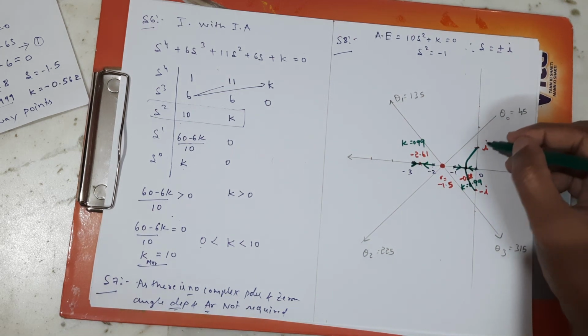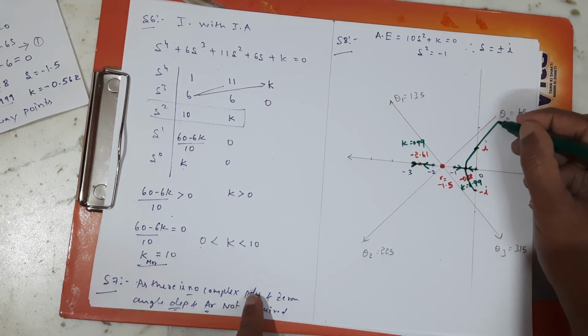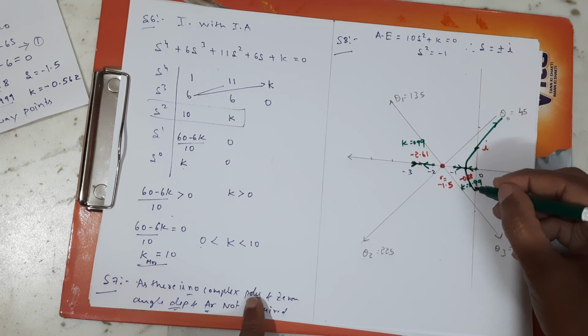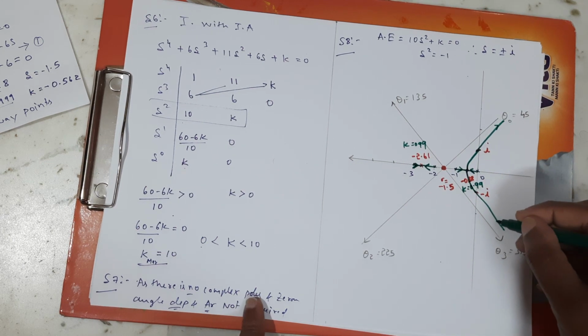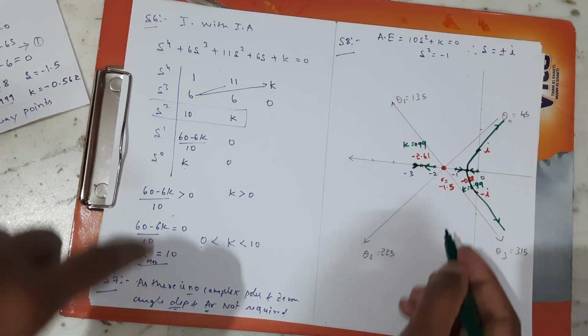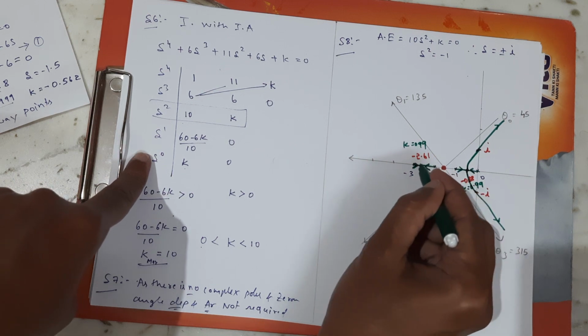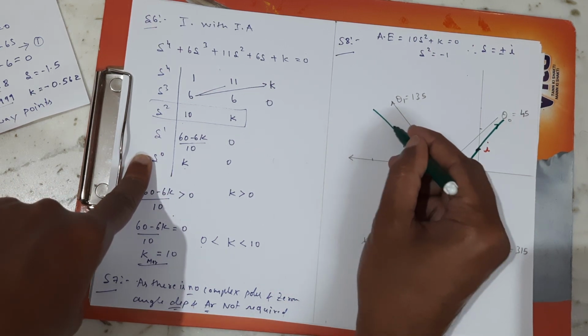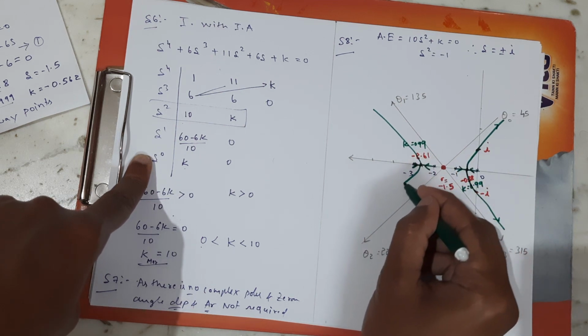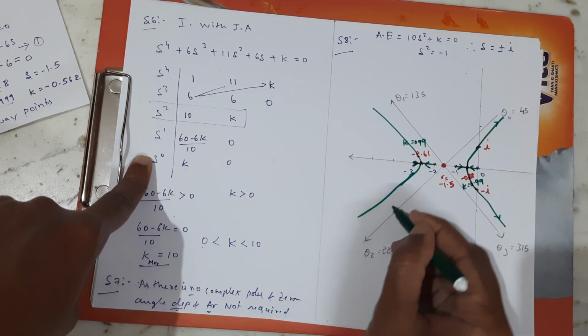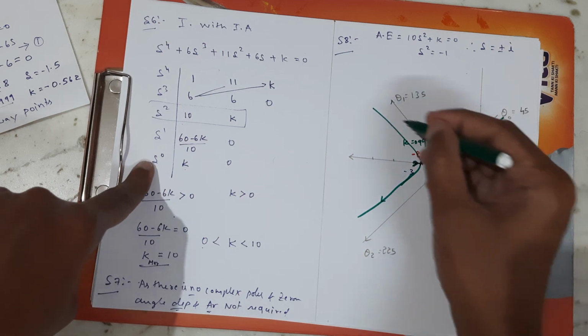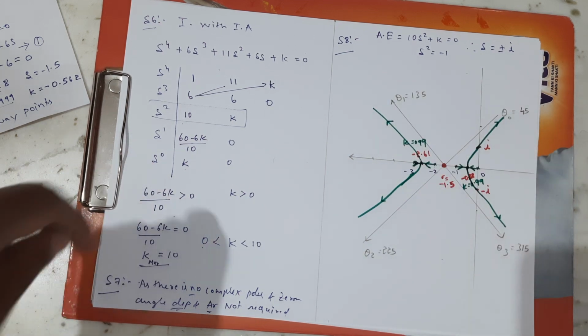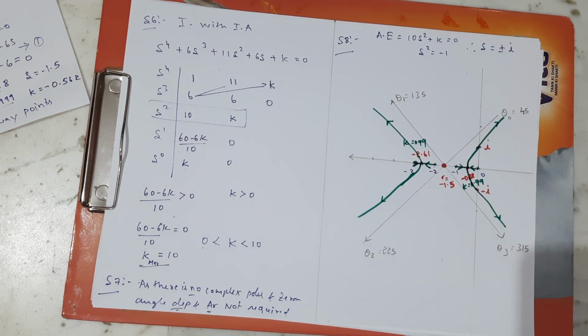After that, it will follow the asymptote, that is theta naught, and here also theta 3. So in the same way here, after the breakaway point, one of the branch will follow theta 1 and another one will follow the theta 2. So this is the approximate root locus for the given G(s)H(s).